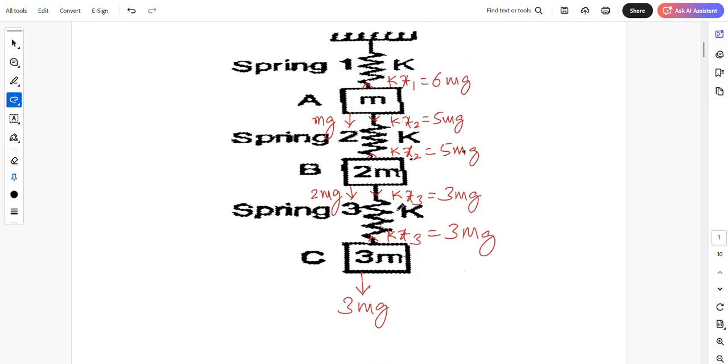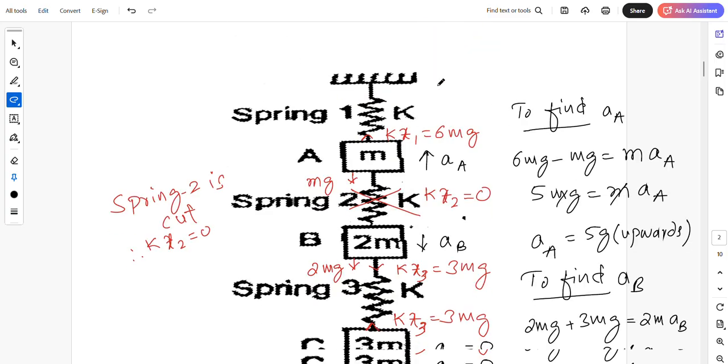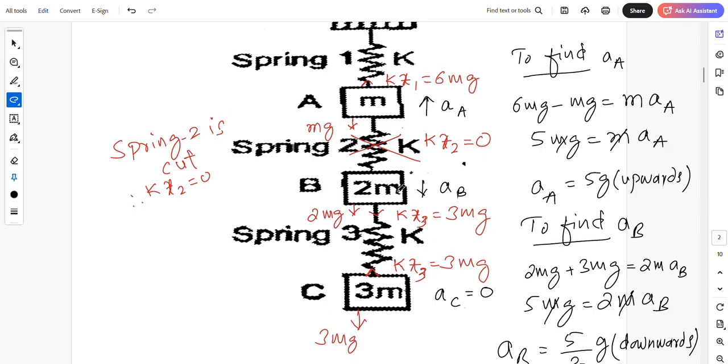Hope you understood. We have covered everything. First, start with the last block. Kx3 is equal to 3mg. This is 2mg. Kx2 is equal to 2mg plus 3mg, 5mg. How much is Kx1? This is mg plus 5mg, 6mg. Now, whichever spring you cut, instantaneously that spring force will be equal to 0. Write down the other spring forces as they are.